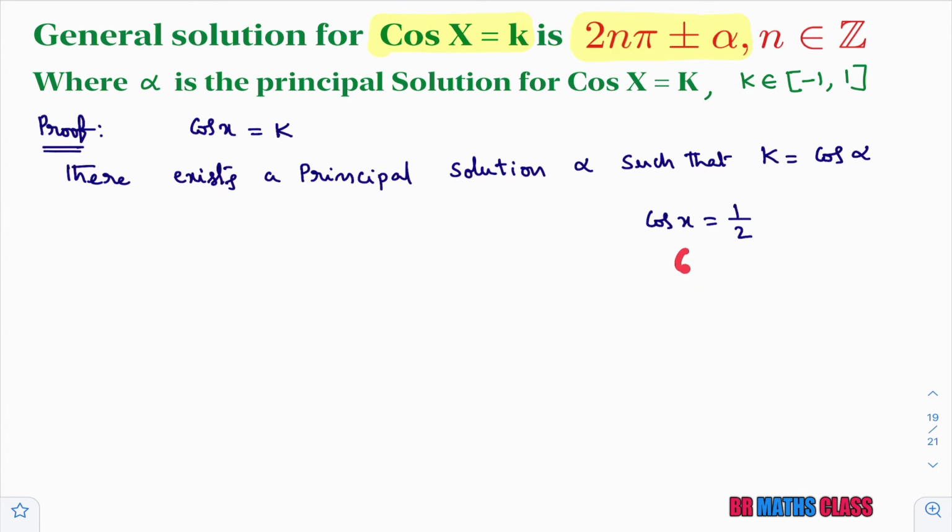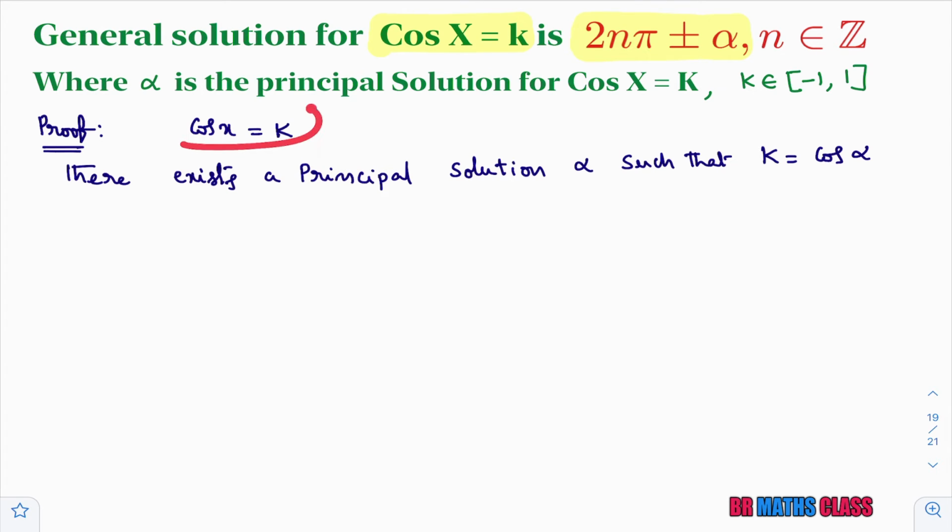So 60 degrees lies in the closed interval [0, 2 pi] and satisfies this equation. So here 1 by 2 can be written as cos 60 degrees. 60 degrees means pi by 3. You observe here, k can be written as cos alpha, where alpha is the principal solution. If there is a trigonometric equation cos x equal to k, there exists a principal solution alpha such that k can be written as cos alpha.